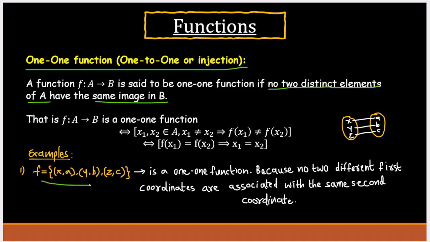Let's see an example. f is equal to {(x, a), (y, b), (z, c)}. So here the set A consists of x, y and z as elements, and the set B consists of elements a, b and c.